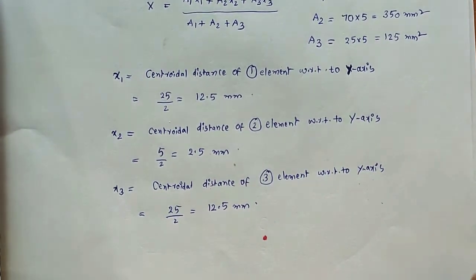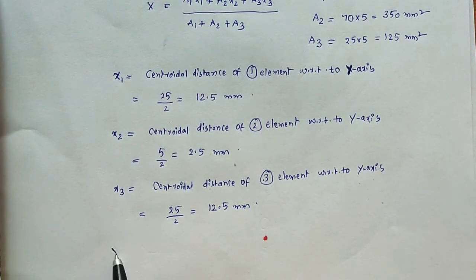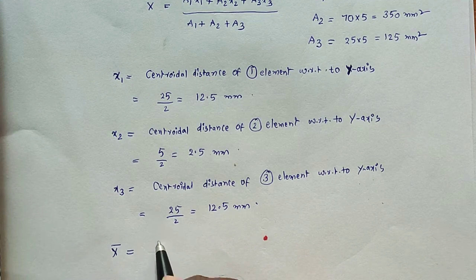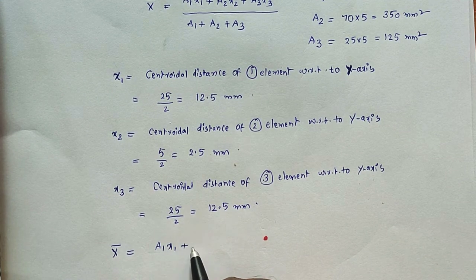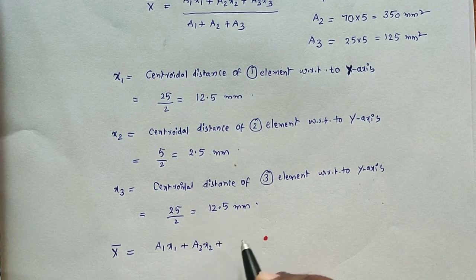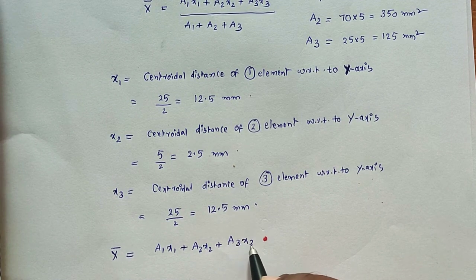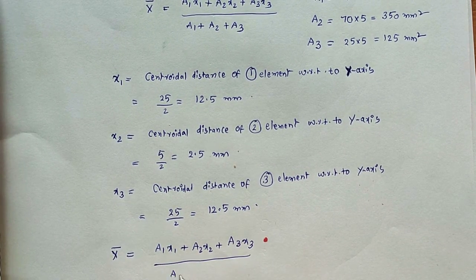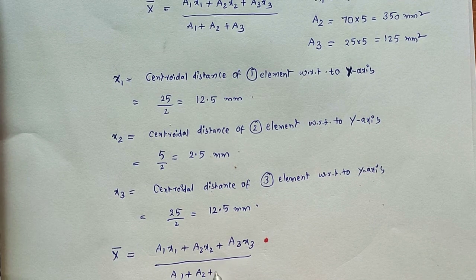Now we have got all the values. So x bar equals (A1 x1 plus A2 x2 plus A3 x3) by (A1 plus A2 plus A3).